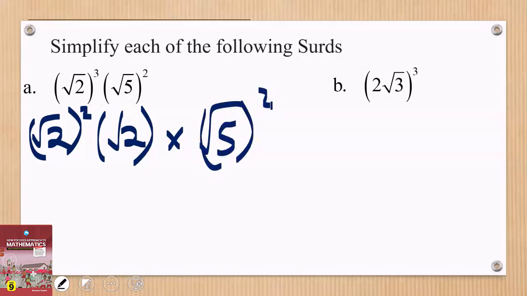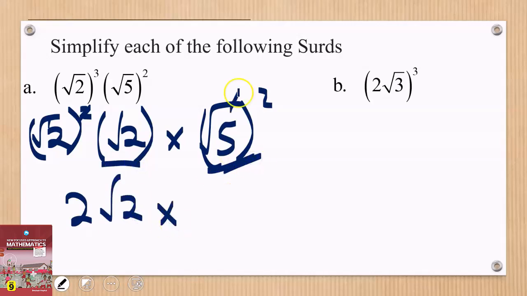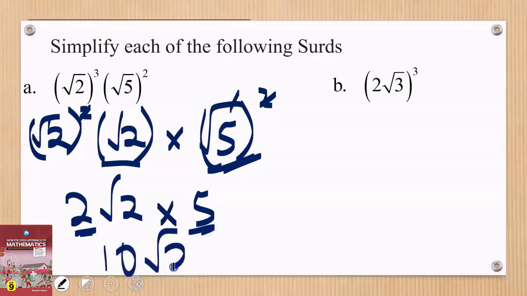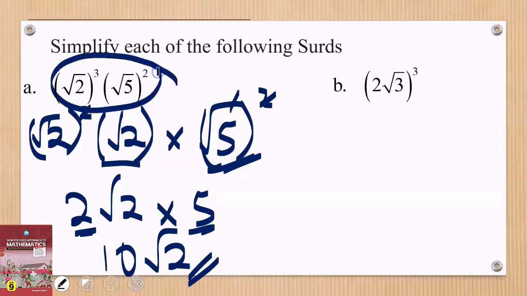We learned that square root always cancels square, and so here we'll be left with 2 times root 2, times here also the square will cancel the root, leaving us with just 5. Now we can multiply 2 and 5 to give us 10, then we say root 2, and that becomes our answer. And so the simplification of this is 10 root 2.